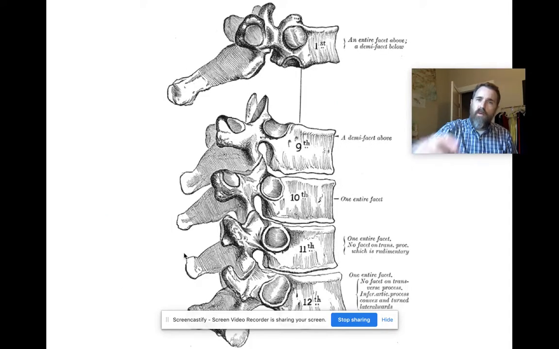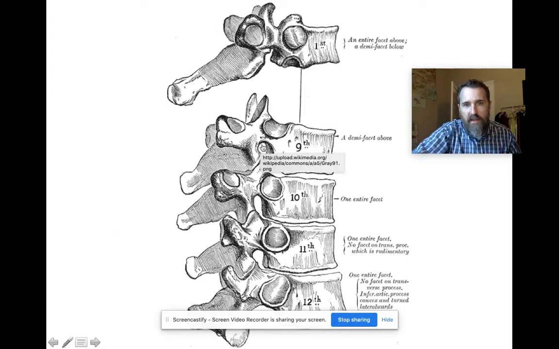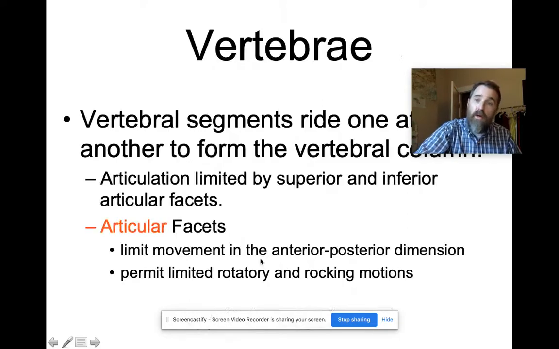When you stack the vertebrae on top of each other, it forms little gaps between them. You see these little holes right there, there, and there. These holes are known as the intervertebral foramina.